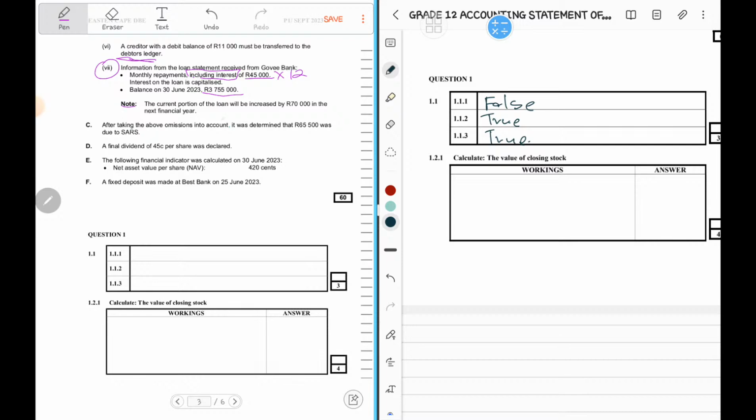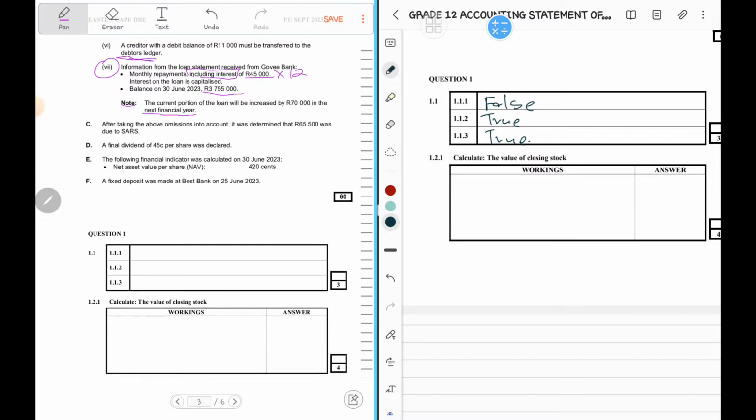Then we have to note that the current portion of loan will be increased by 70,000 in the next financial year, meaning that next year when we do the capital repayment of the loan, we are going to pay more as compared to what we are currently paying now. If you want to find the current portion of loan for the next financial year, we have to consider the current portion of loan.